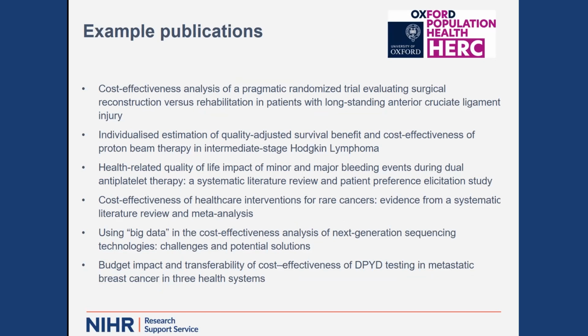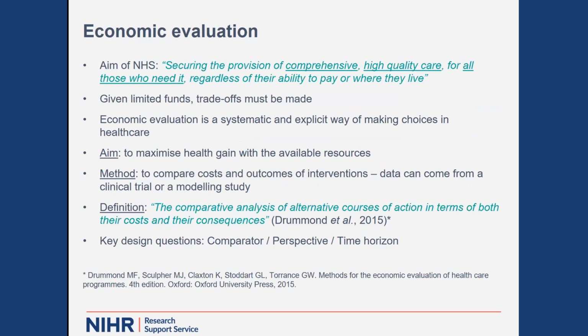So a whole range of different ways that a health economist might contribute to your grant application. But I guess the most common way, and if you've worked with a health economist before, it's a good chance that they were involved in an economic evaluation. And if you submit a grant application, it may be that you include an economic evaluation in that study.